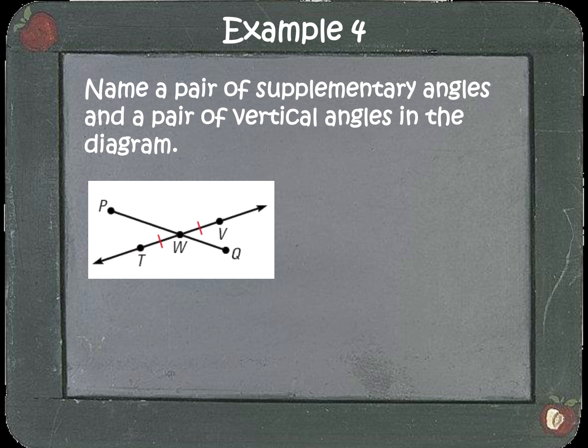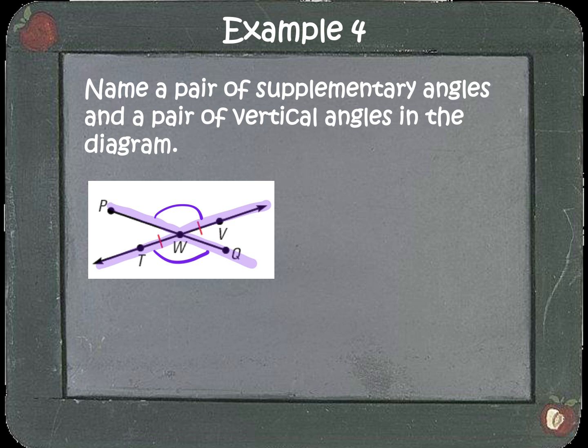I've got two pairs. So I have a vertical angle right here, PWV, along with TWQ. So these would be your two vertical angles. Here's one pair. Notice that there's a whole bunch of angle W's here, so I cannot name these vertical angles with one letter. I have to use 3.